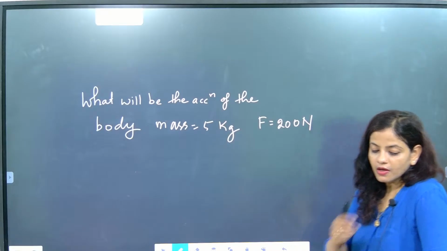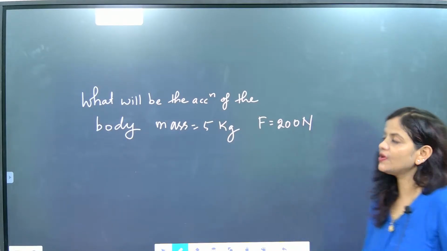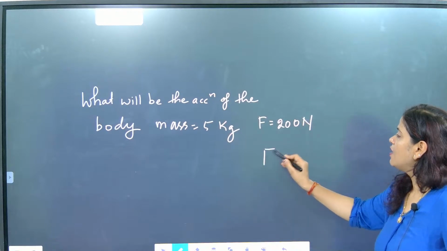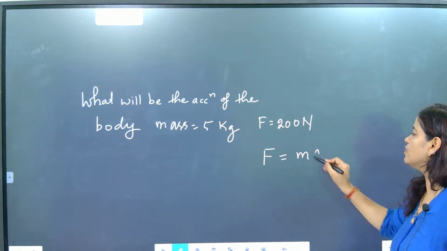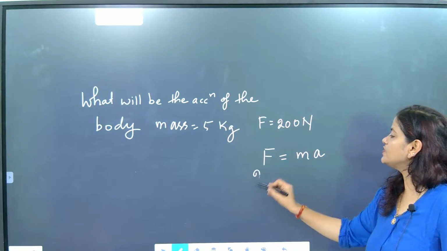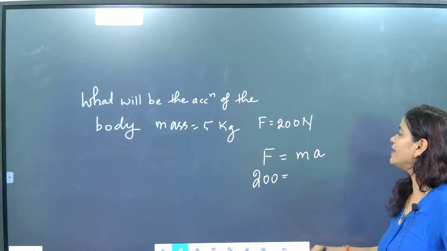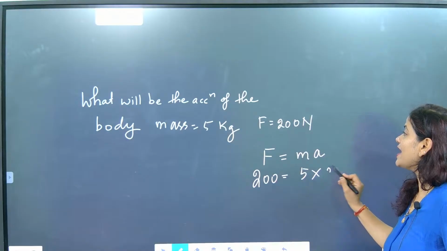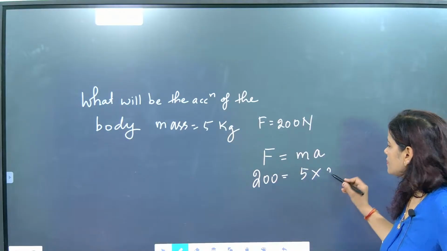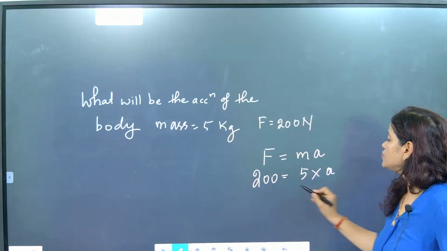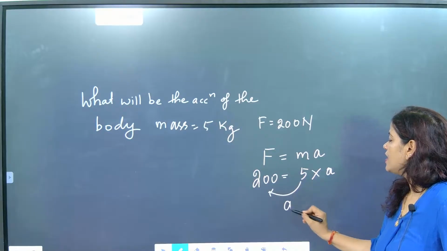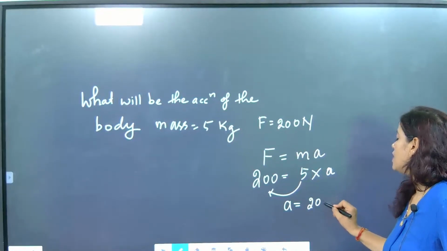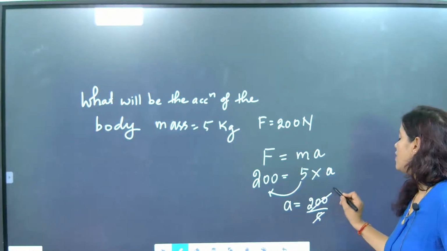Force is equal to mass into acceleration. Nothing we have to do here. The formula is force equals mass into acceleration. The force given is 200, the mass is 5 kg, and acceleration is what we have to find. So acceleration is equal to 200 by 5, which is 40.